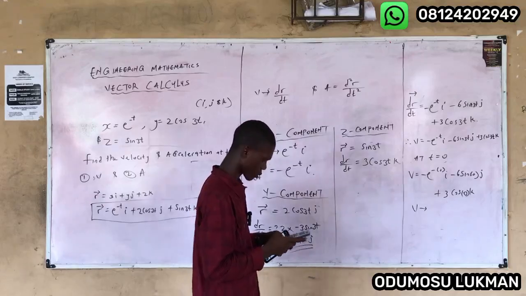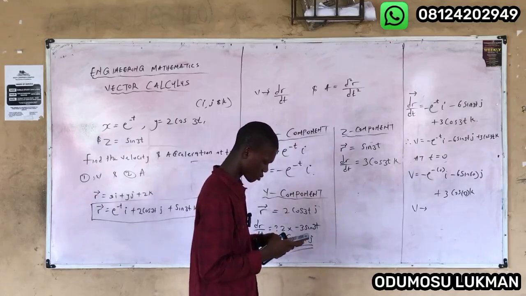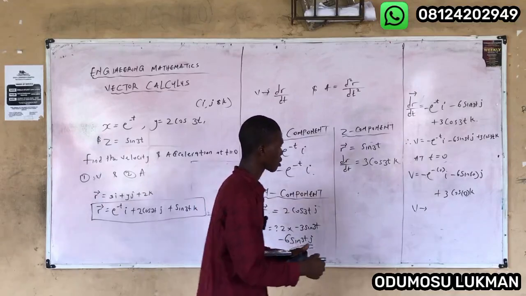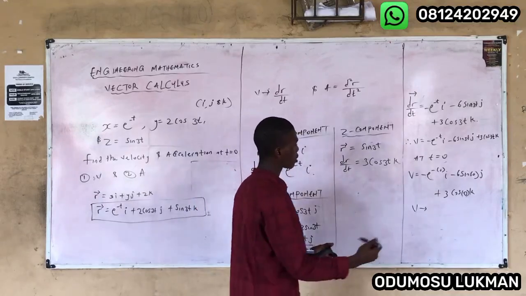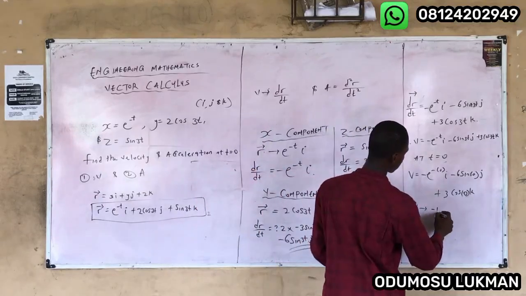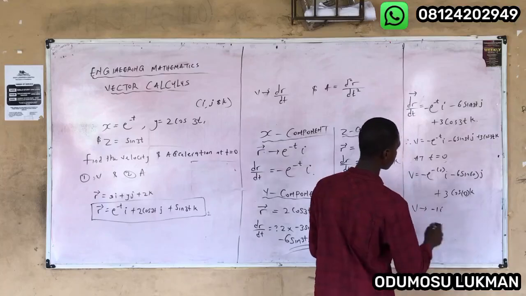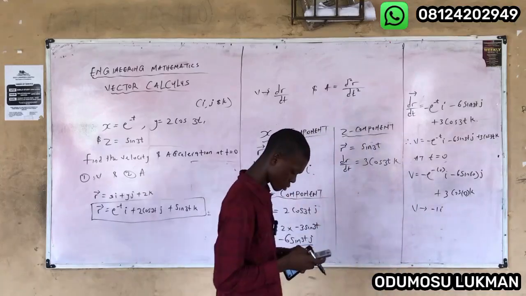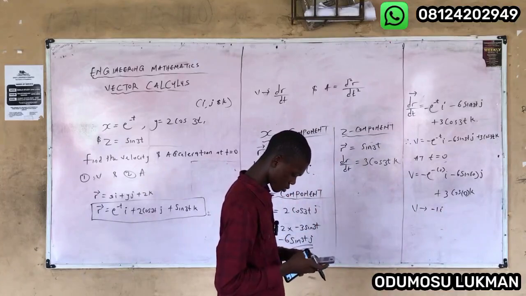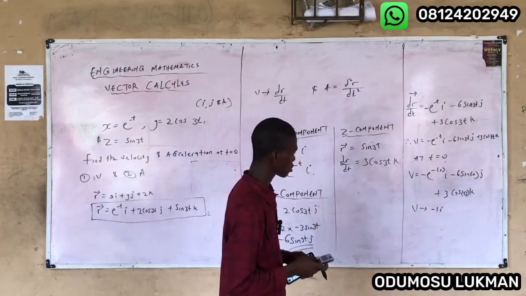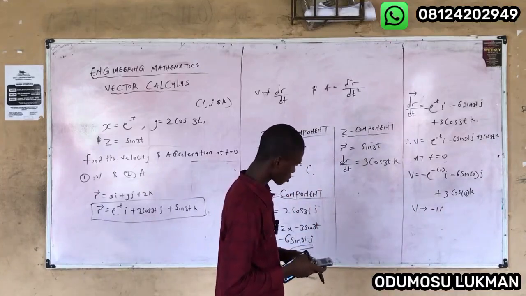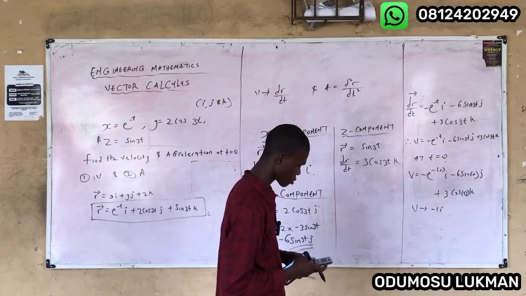Exponential minus 0. Okay, I'm having minus 1 i, minus 0 plus 3.